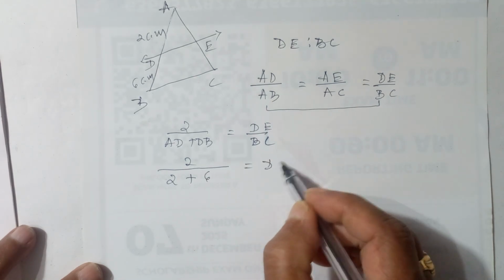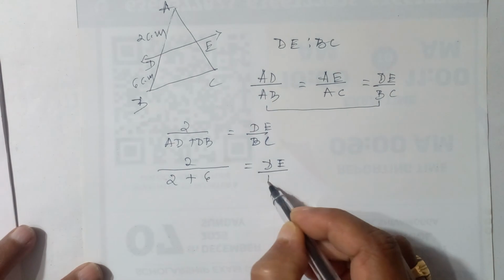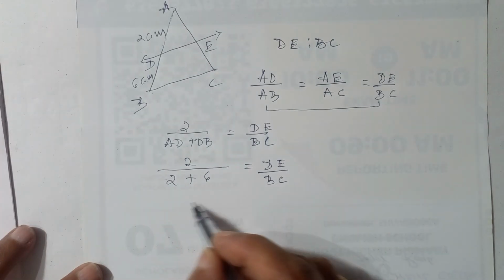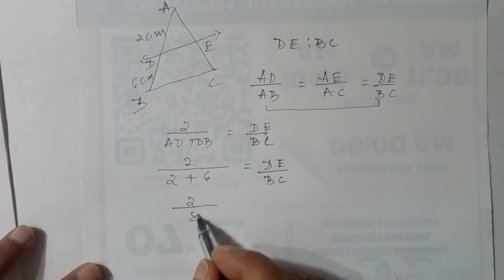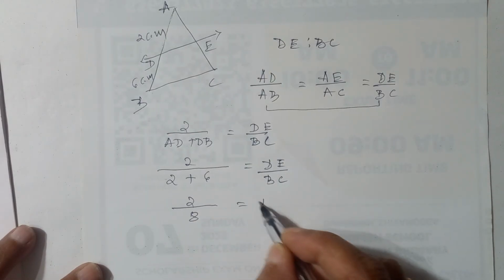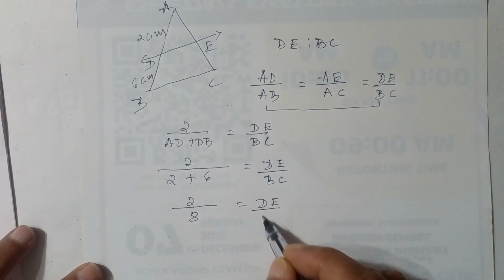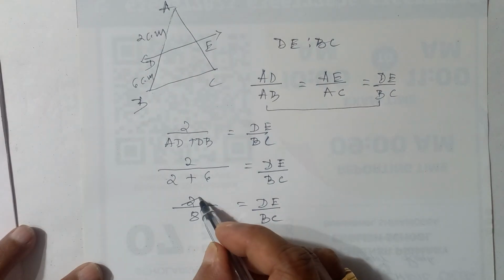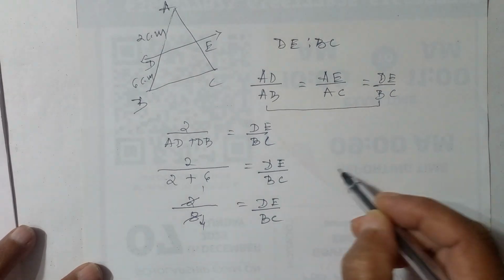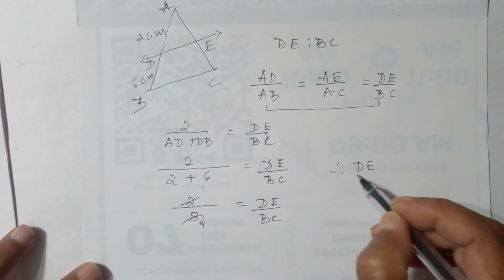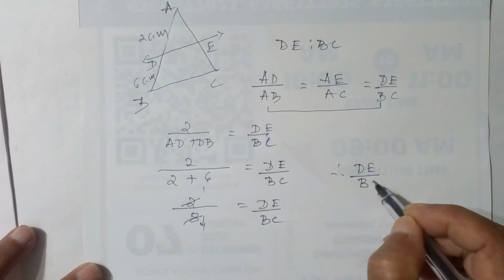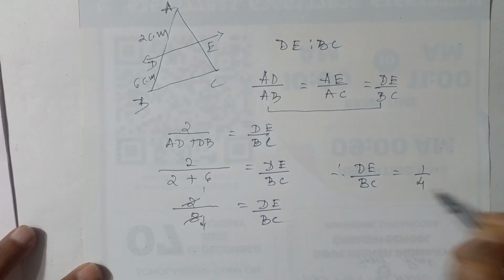This is equal to DE by BC. In the numerator, write 2 as it is. 2 plus 6 gives 8, equal to DE by BC. Here we reduce, 2 into 8 is 4. Therefore DE by BC is equivalent to 1 by 4.